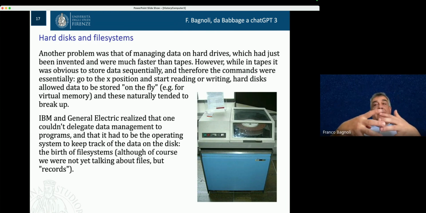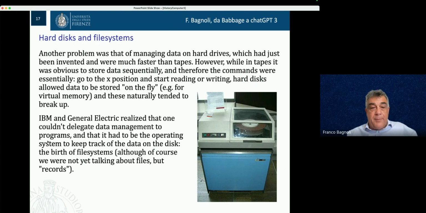But if the head is slow, you may prefer to write data in an alternating way, one every three, in order not to have to wait for the disk to make one full turn. And so they had to do a lot of new innovation.